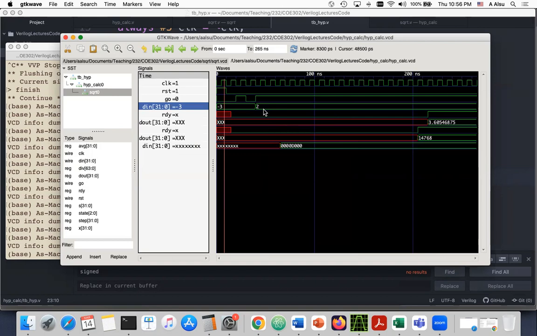So it's -3 and 2. The result is still 3.605 because you're squaring the -3 and you're getting a positive number.